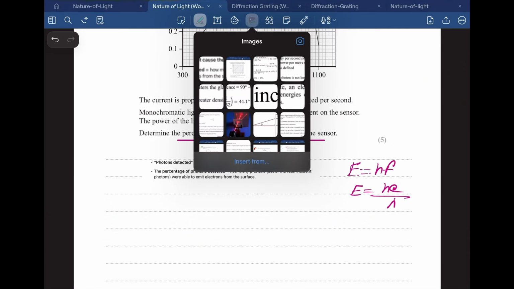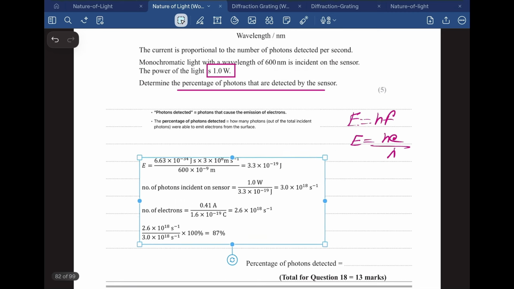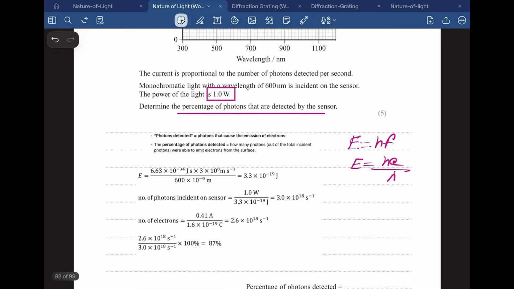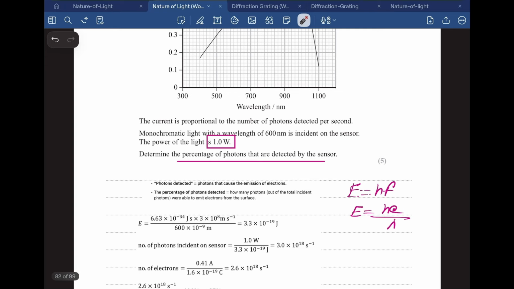We can use that formula. We know the wavelength they have given us, which is 600 nanometer. Here h is the Planck's constant, c is the speed of light, and lambda is the 600 nanometer, to be converted into meter. Using that, we have figured out the energy of one photon.